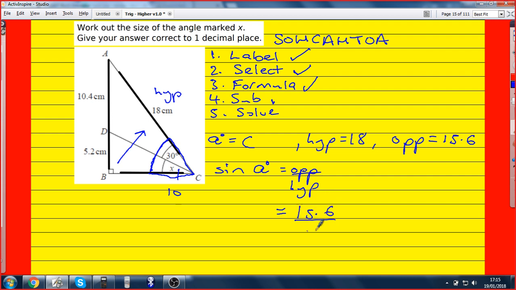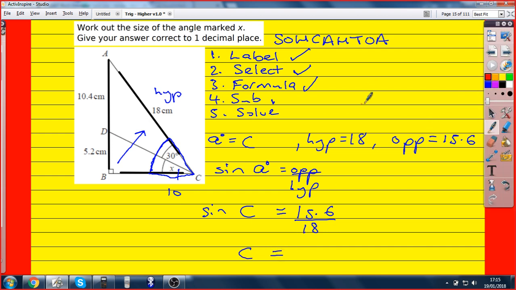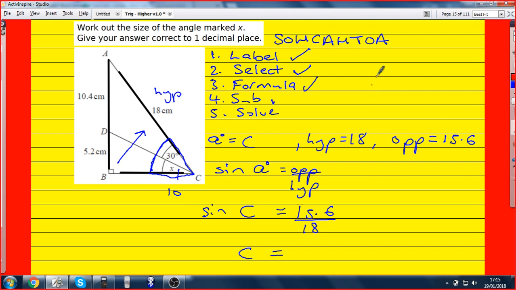Yeah. And the angle is C. Okay, how do we get this angle C? I'm not sure.